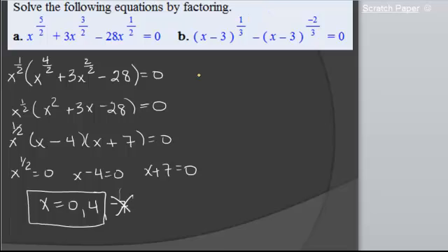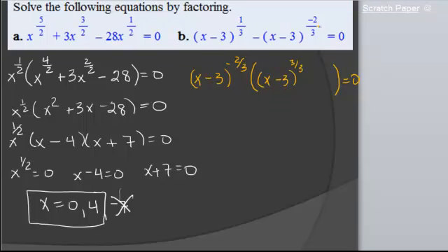So what we want to do is factor out an x minus 3 to the negative 2/3 power. Okay, so what happens when we do that? If you factor a negative 2/3 out of a positive 1/3, well, let's see what happens. Isn't negative 2/3 plus 3/3 equal to 1/3?